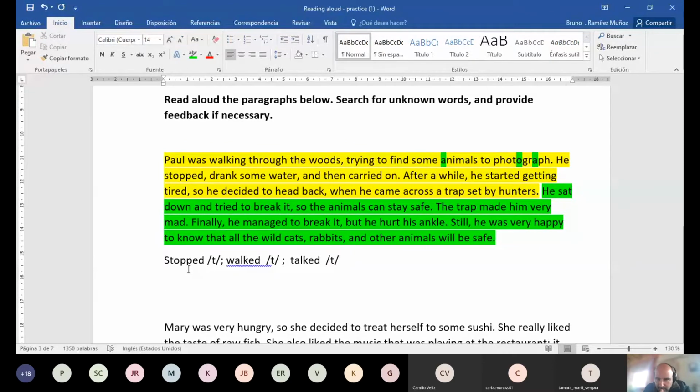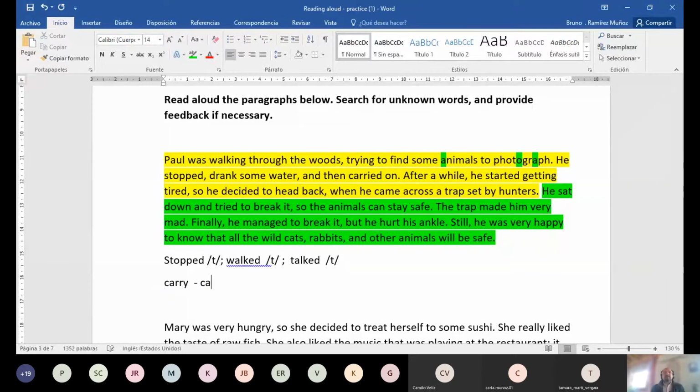Let me think. For example, here, carry in the second line in the middle. To carry, right? And then the past tense will be carried. Carried.